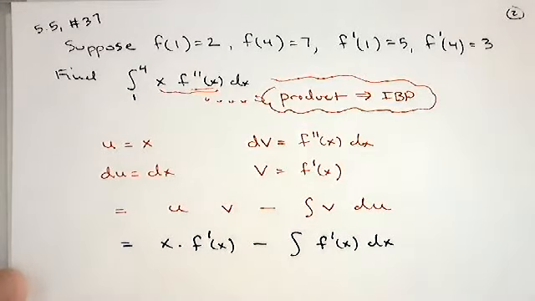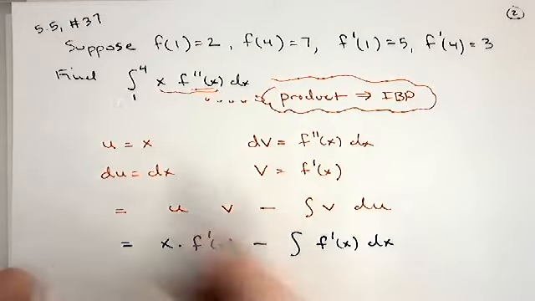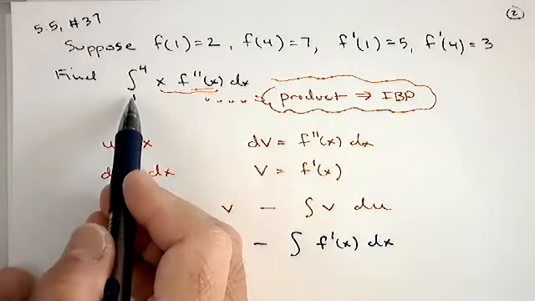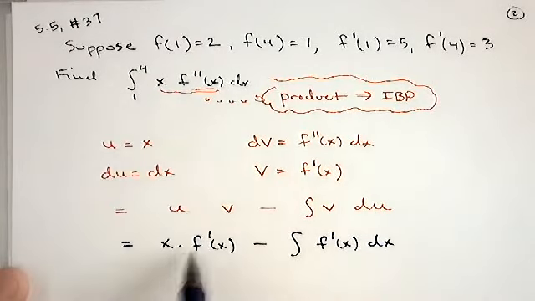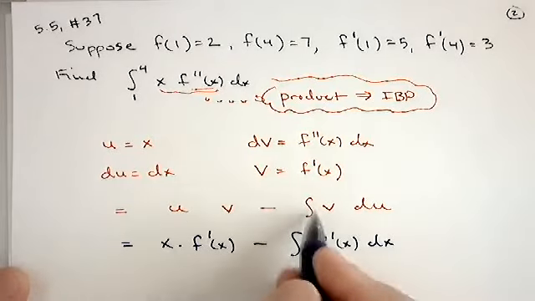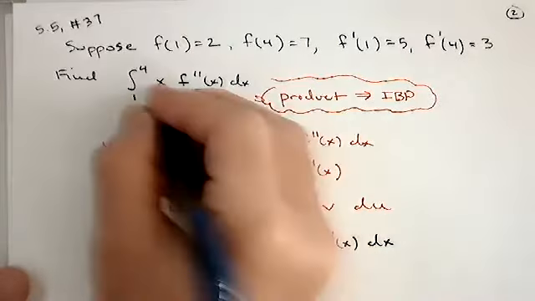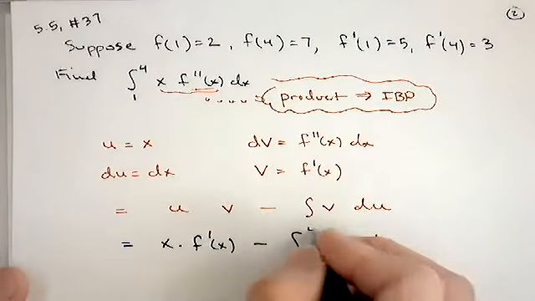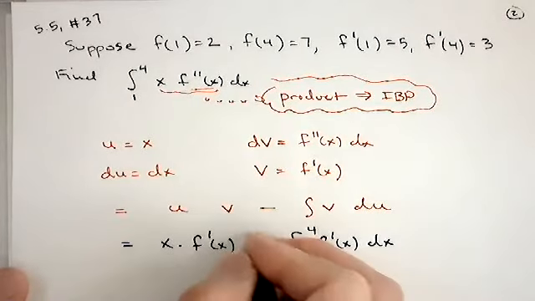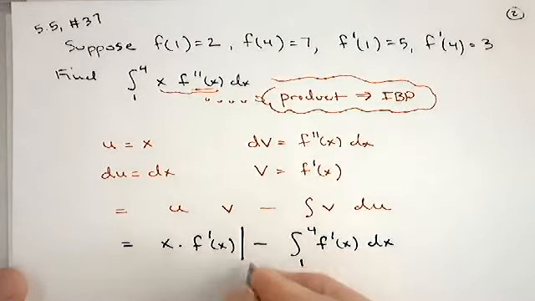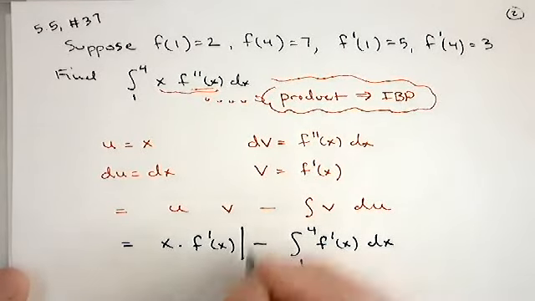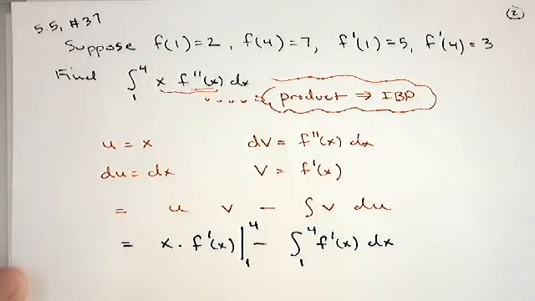And we never did any on Friday when we talked about integration by parts, about how you handle a definite integral. The way it works is, when you do this integral, which is part of the formula, it's still going to have the same bounds. So that's going to go from 1 to 4. And this part right here will be evaluated also, from the same limits, 1 to 4.